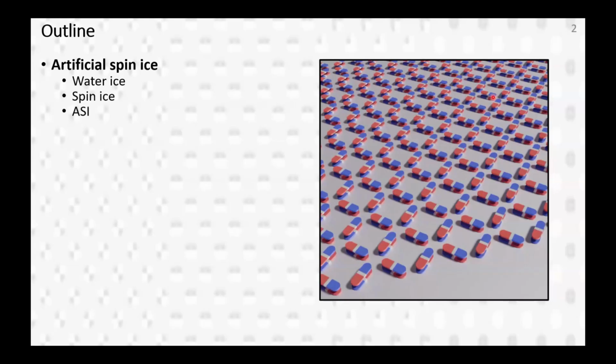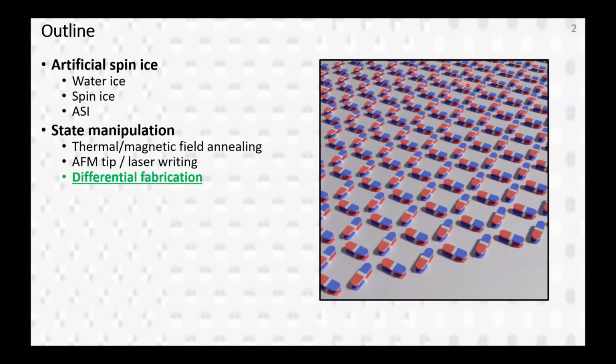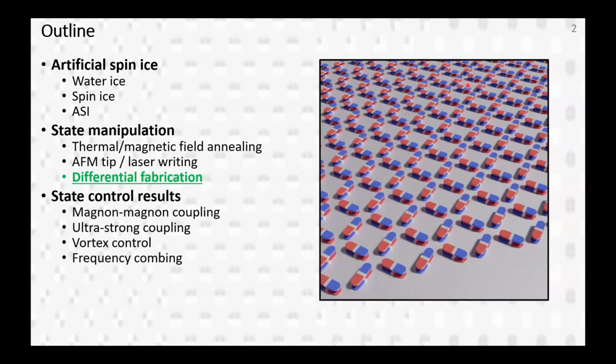First, I'll give a brief history of what artificial spin ice is and where it comes from. Then I will talk about how we can manipulate the state in these systems using temperature or magnetic field, and then more specific tip writing techniques. The main topic is differential fabrication.